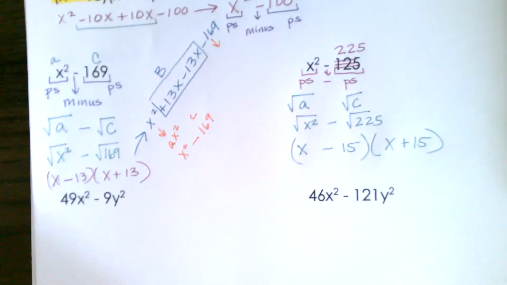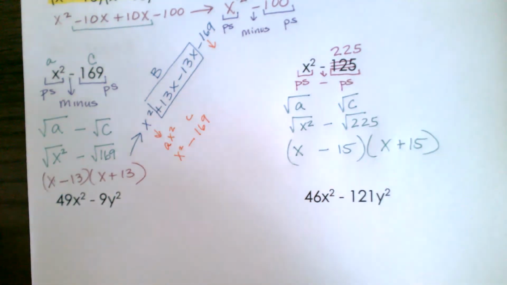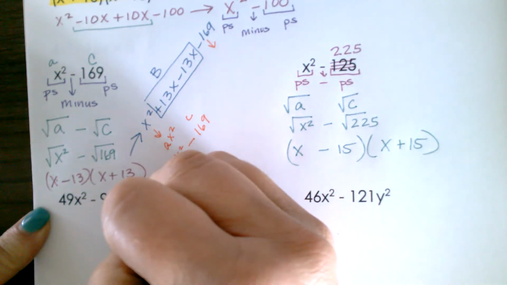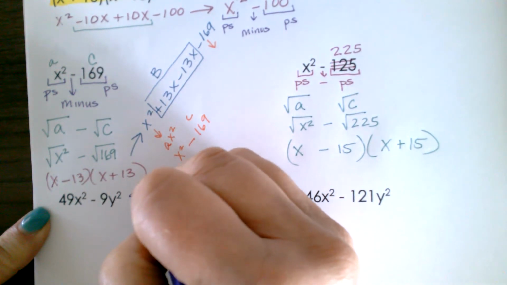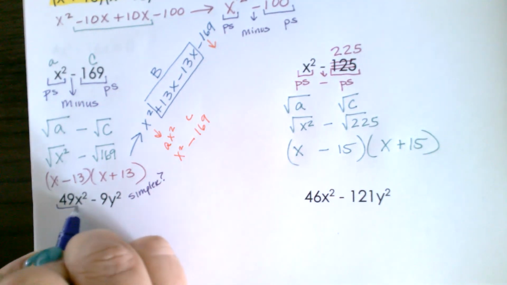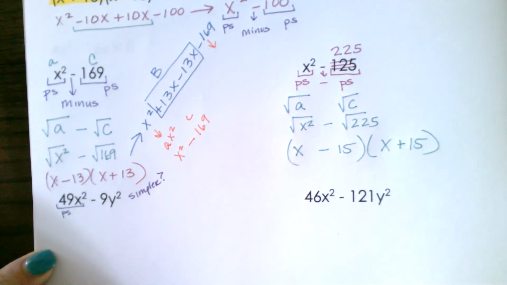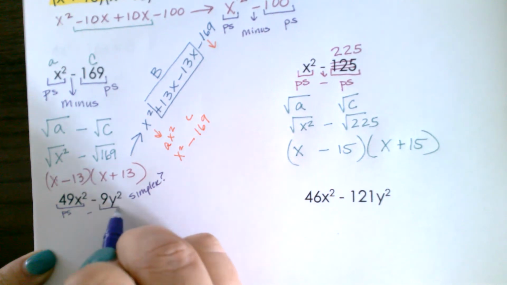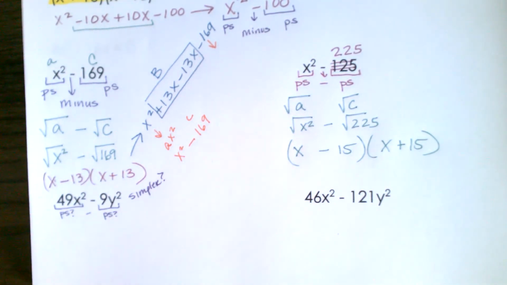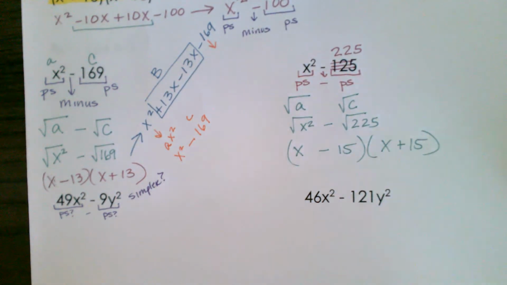Well, now I've added a little more to it. I see a binomial here. First, can we make it simpler? I don't know a number that goes into 49 and 9, so I'm still asking myself that simpler question. No, but it's a binomial, so I'm curious, is that a perfect square? Minus, is that a perfect square? Yes, those are my questions, and yes, they are.